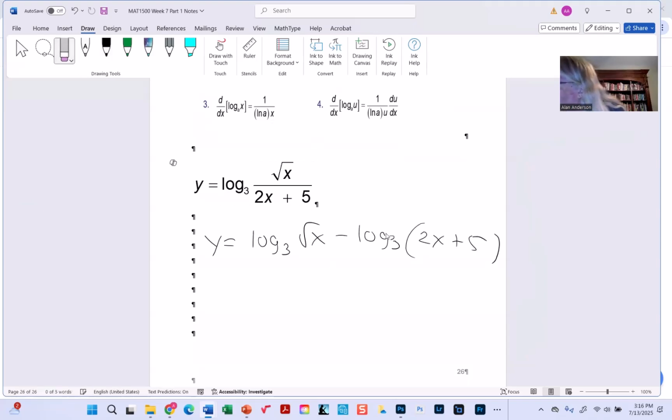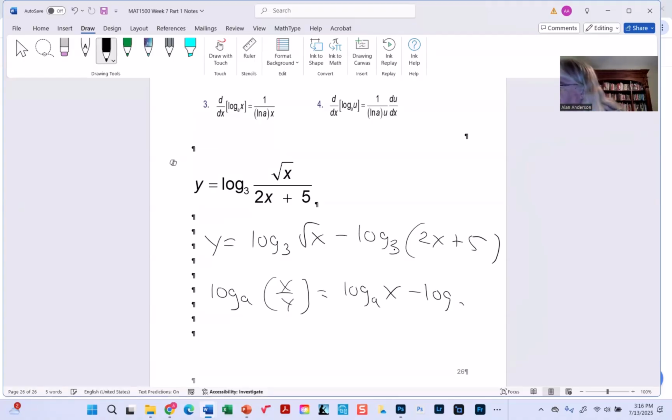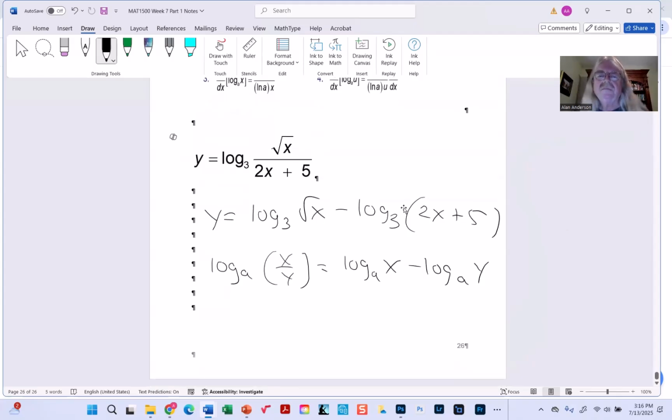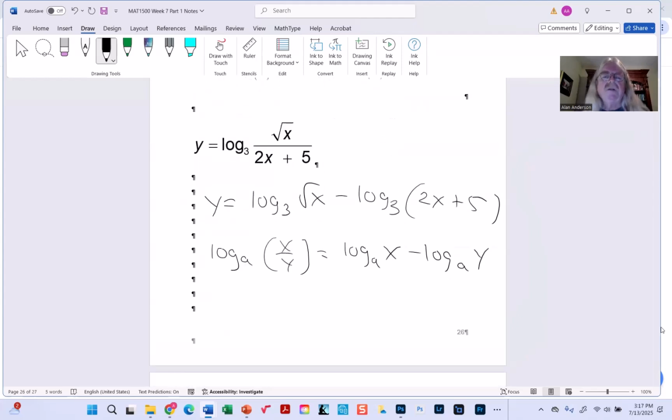Based on the properties of logarithms, the log, no matter what the base is, of x over y is the same thing as log base a of x minus log base a of y. And then we can simplify it a little bit more by simplifying the square root.